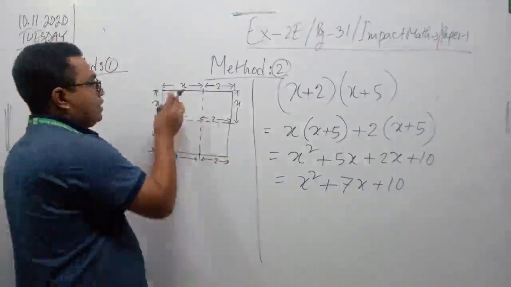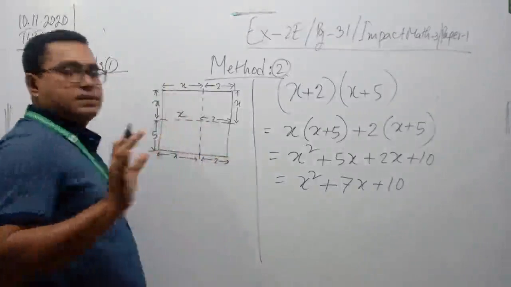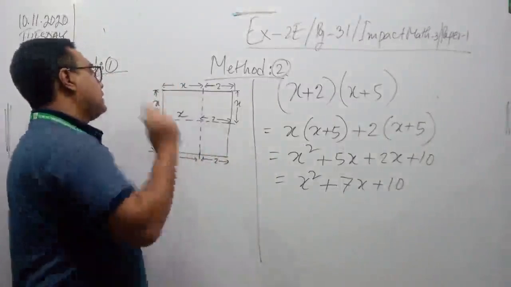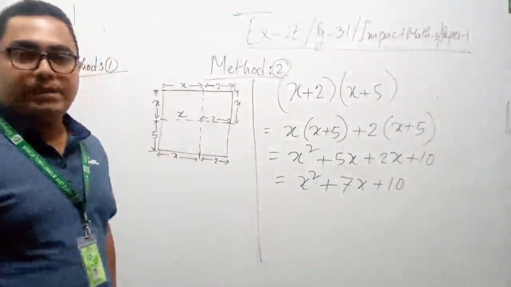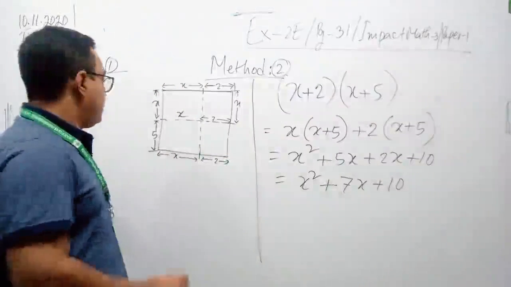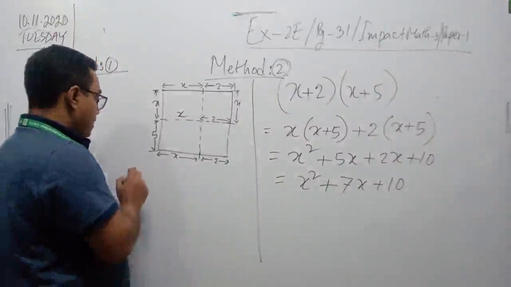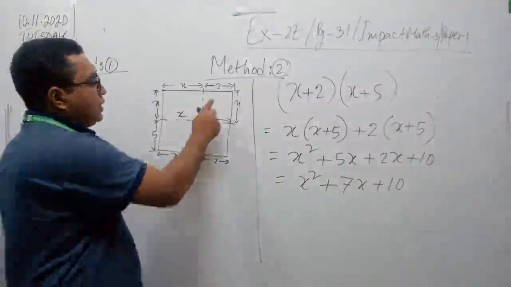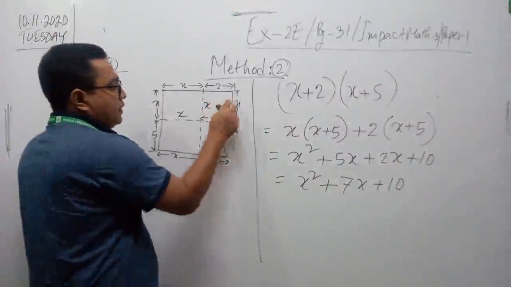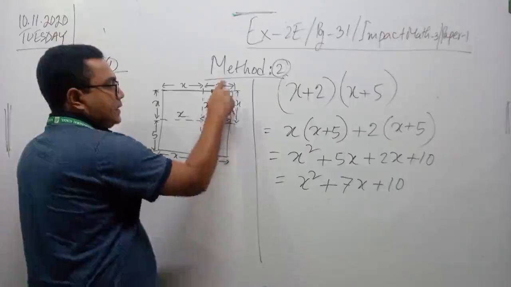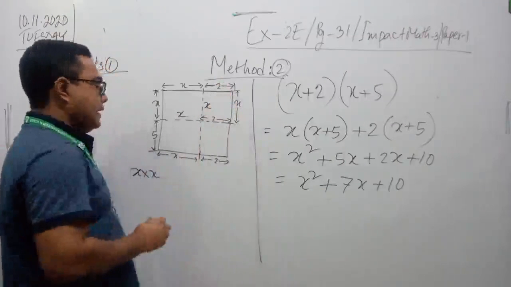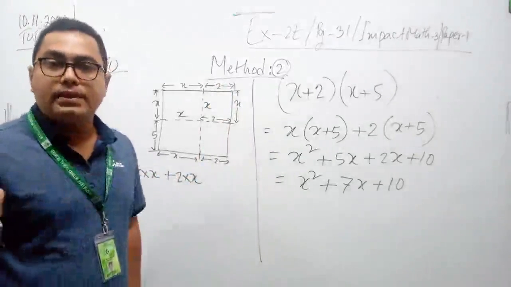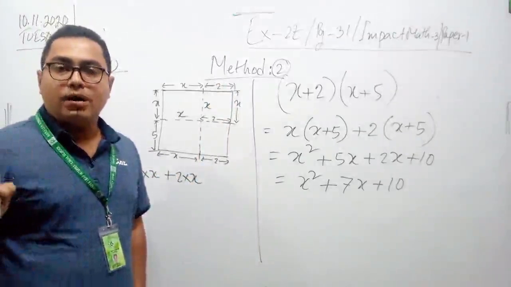And now look, here we have 4 rectangles. This rectangle, length is x, width is another x. That means it is a square. So the area is x times x. For this rectangle, one term is 2 and the other term is x. So plus 2 into x, because length into width is the area of a rectangle.